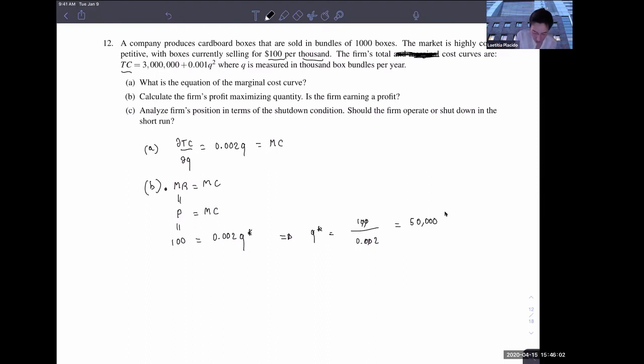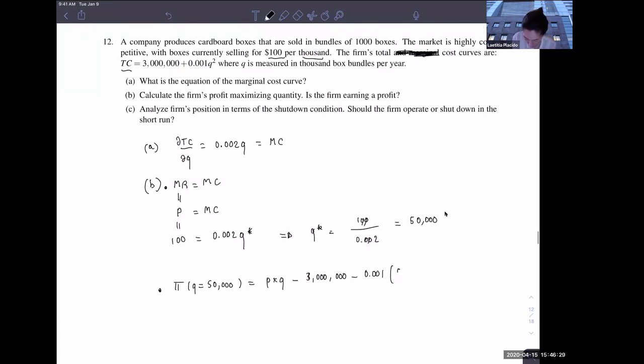Okay, so let's calculate the profit. So the profit when Q is 50,000 is P times Q minus total cost. So total costs are 3 million plus 0.001 Q to the power 2, so 50,000 to the power 2.